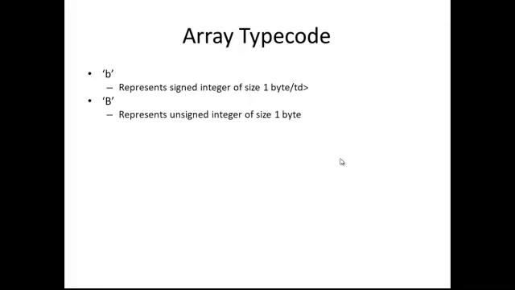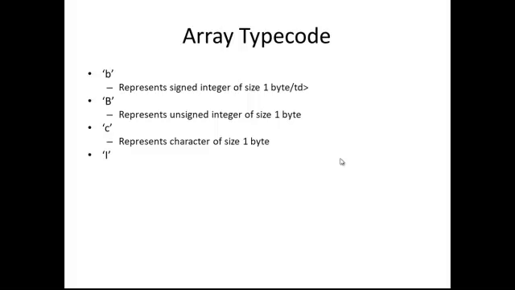Let us see how we use an array with reference to its type code. If I use type code b, it represents a signed integer of size 1 byte. Capital B represents an unsigned integer of 1 byte. If I use c, it indicates a character of 1 byte.